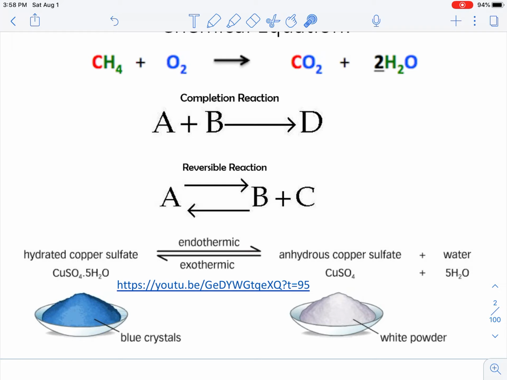The separation of those water molecules from this copper 2 sulfate produces the anhydrous compound, which is just regular copper 2 sulfate, and water vapor. Heating this sample will turn the color of these crystals from blue to white. And so we can see the forward reaction taking place just by using our eyes, nothing special.